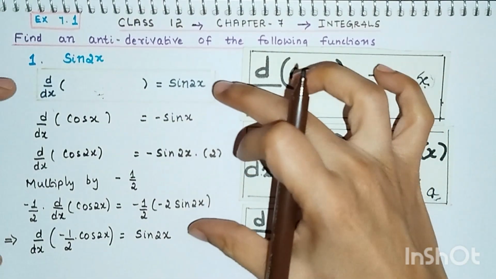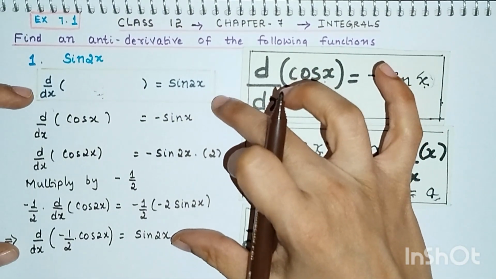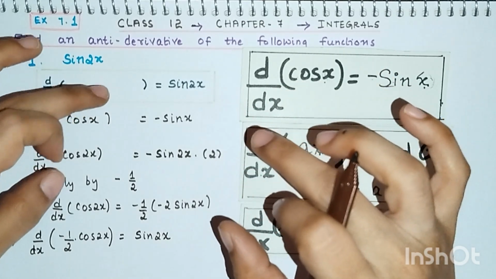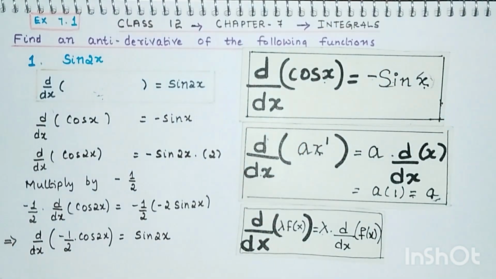So if we just compare with the blueprint, d by dx of what function will give us sin 2x? d by dx of minus 1 by 2 cos 2x will give us sin 2x.